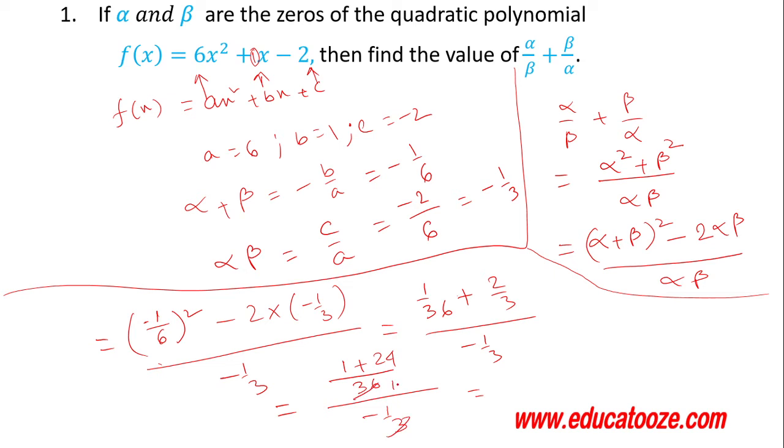Dividing by minus 1 by 3 gives minus 3 into 1 by 12, 1 plus 24 is 25. The denominator is 12, and so the result is minus 25 by 12. So alpha by beta plus beta by alpha is nothing but minus 25 by 12.